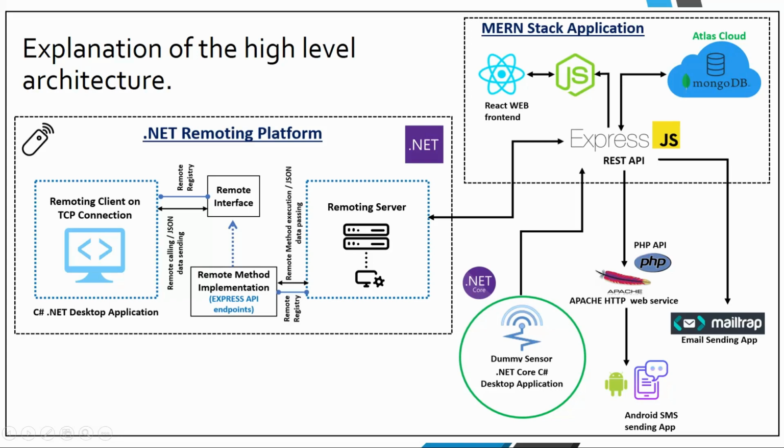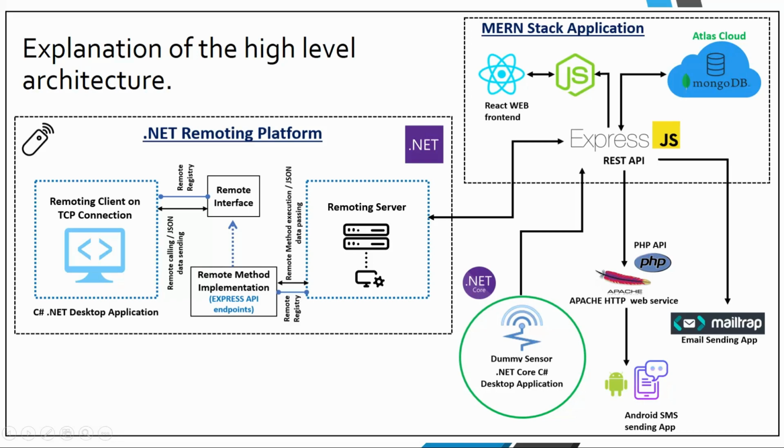So let's talk about the high-level architecture of the project that we developed. There are mainly 5 components: the desktop application, the web application, the fire alarm sensor, the mobile application, and an email sending application.